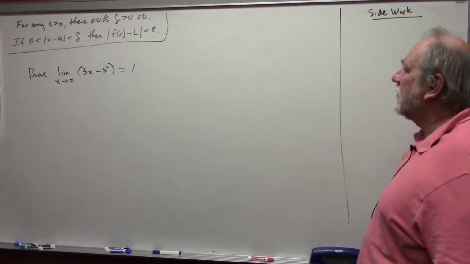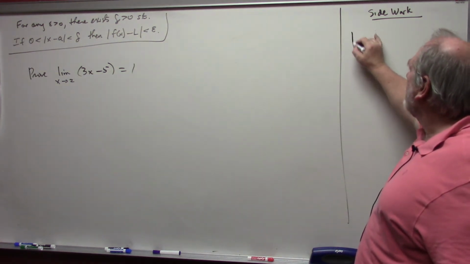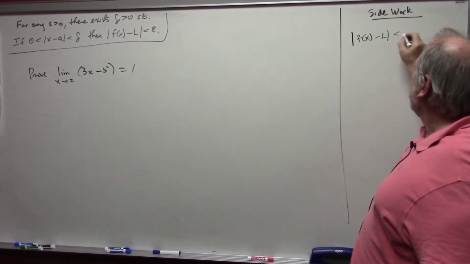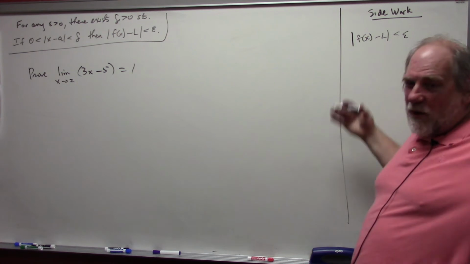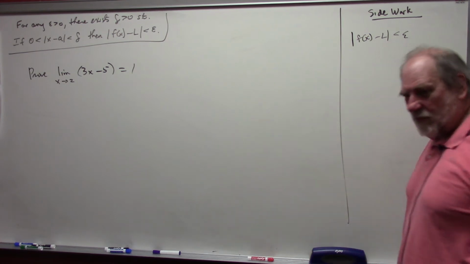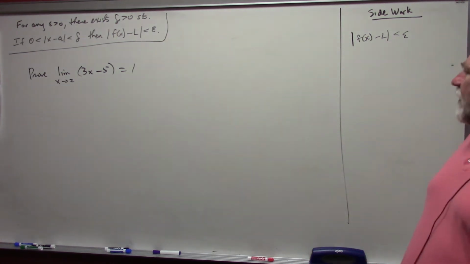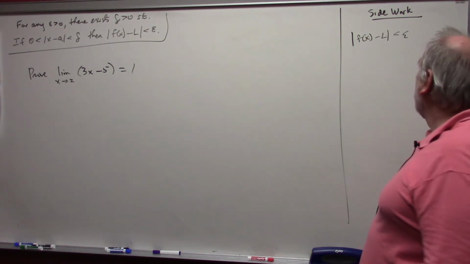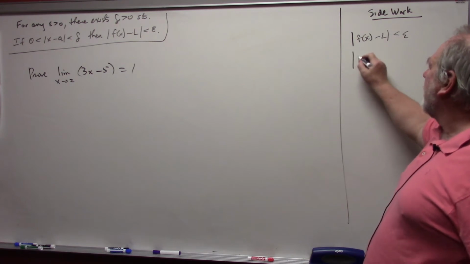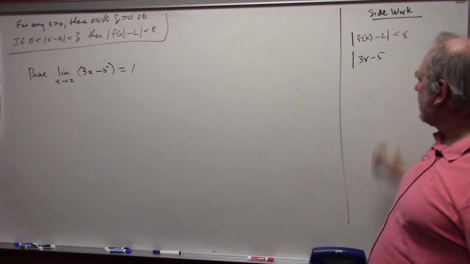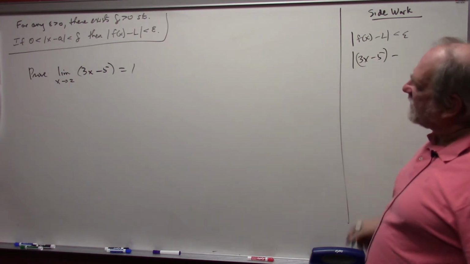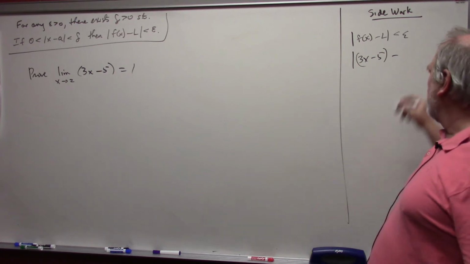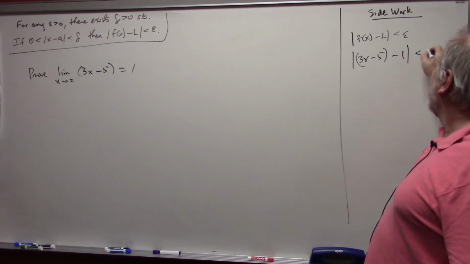So let's assume I have the absolute value of f of x minus L is less than epsilon. Epsilon is just some random, arbitrary positive real number. It could be anything. In this particular case, we would have the absolute value of 3x minus 5, since that's my function, minus 1, what I want to be the limit, is less than epsilon.